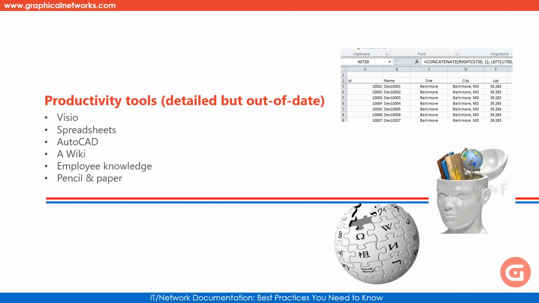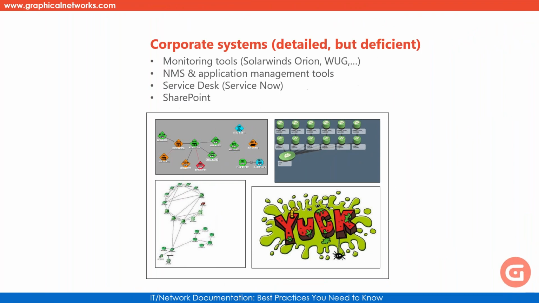They have an employee that's been there forever. Everything's in his knowledge, in his brain. So what happens when that person retires or leaves? So we do get calls from customers trying to scramble to find out what's in their network since that guy retired. So again, these productivity tools are out of date, and they're looking for a better way to help automate the network documentation.